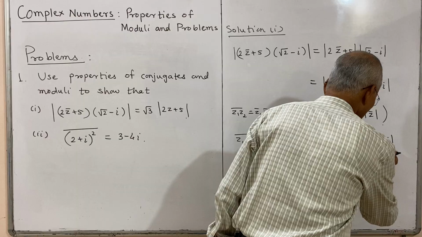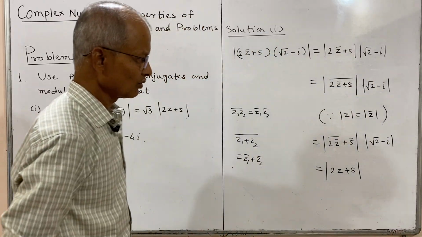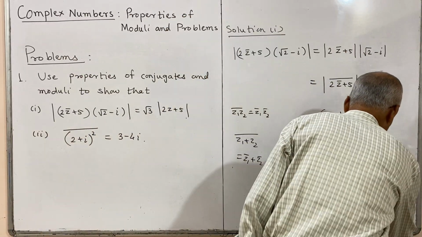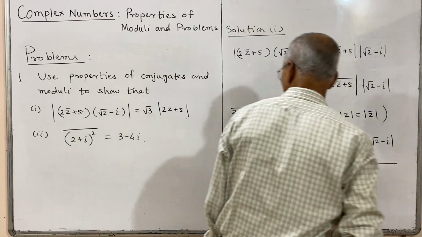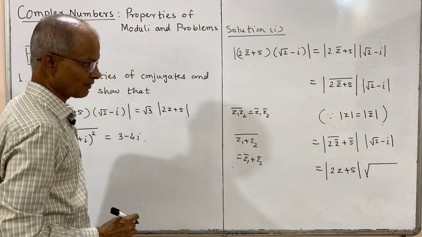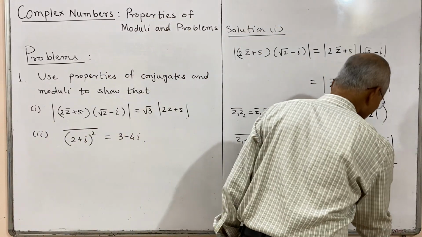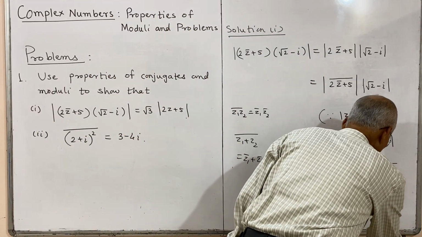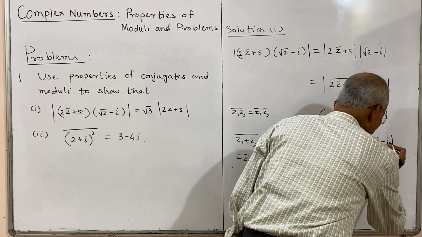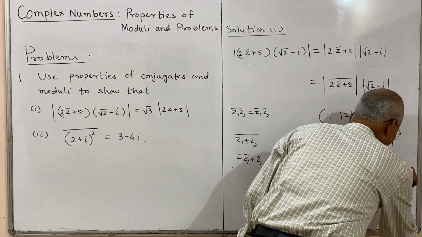And what is the modulus of root 2 minus i? By definition of modulus of x plus iy, it is under root of real part square, that is root 2 square, plus imaginary part square, that is minus 1 square.